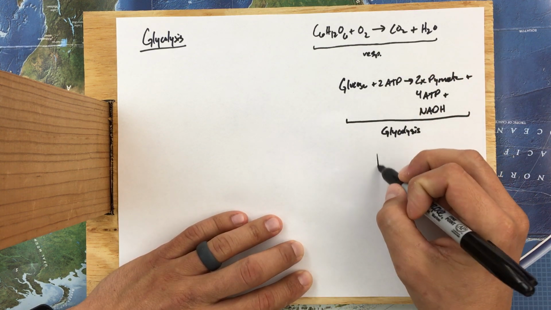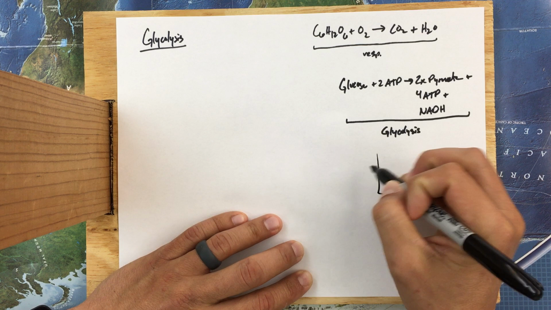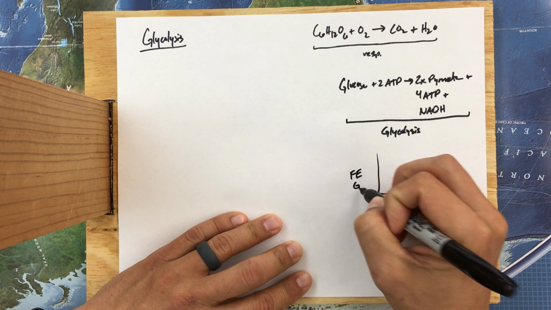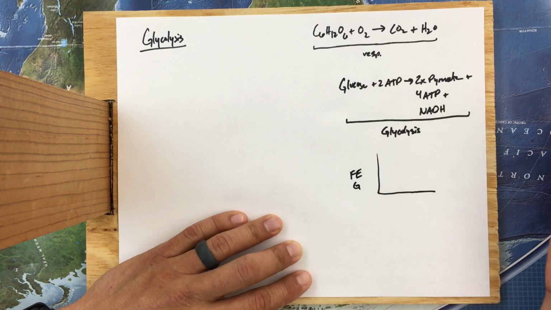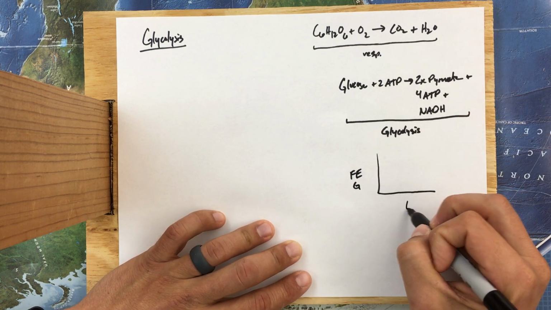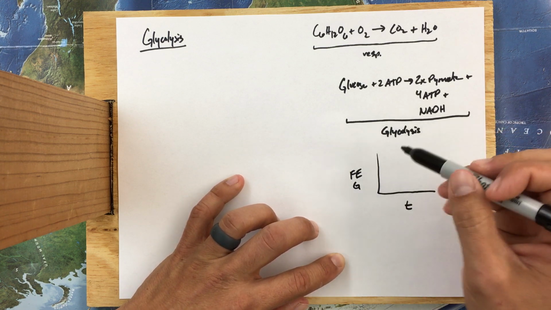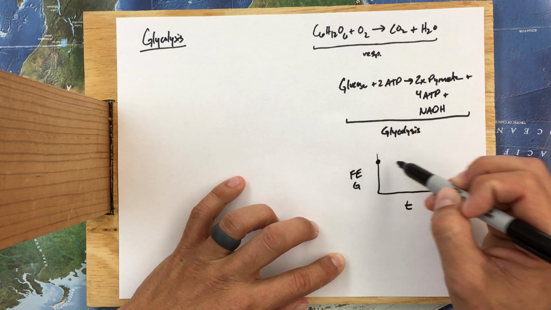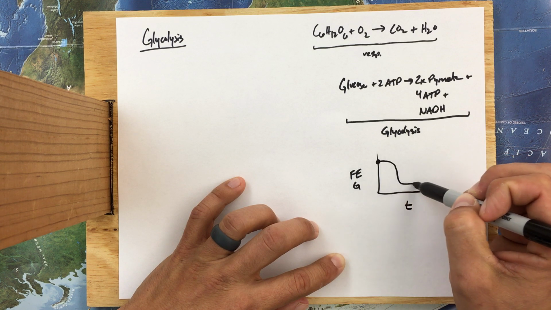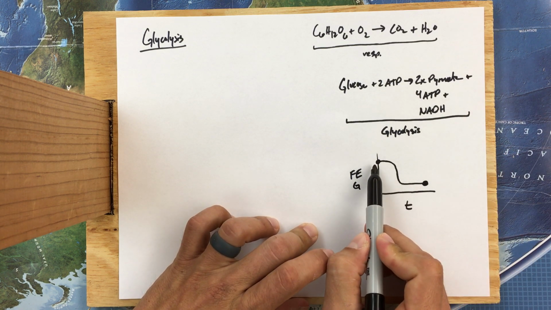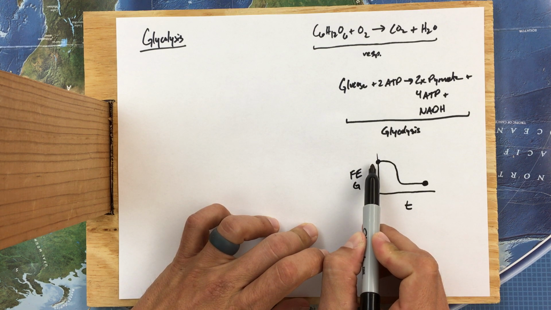So if we go back to these sorts of graphs, these ones that we had looked at last unit about free energy, we're talking about Gibbs free energy, or whatever kind of measurement you want to have and how they change over time, we had exergonic reactions. And exergonic reactions begin with a large amount of free energy and then end with a lower amount of free energy. And that's because this molecule has a lot of free energy because it is unstable.